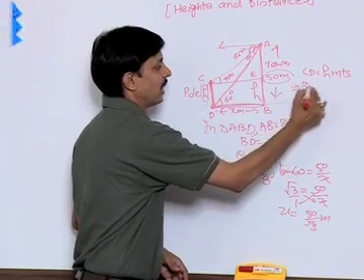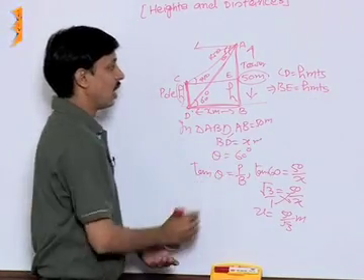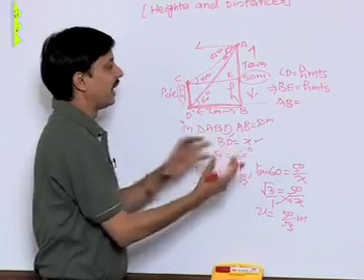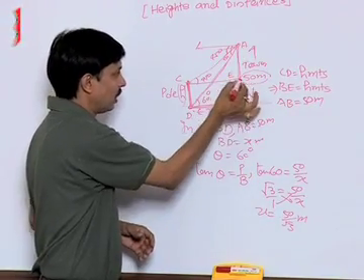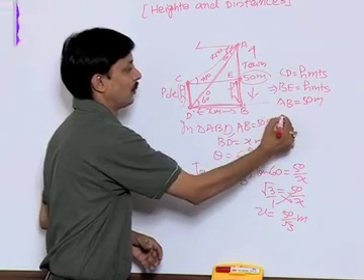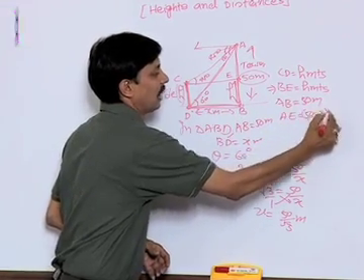So this implies BE is also equal to h meters. Total height AB is 50 meters, and out of this AB, the BE portion is h meters. So we can say the portion AE is equal to 50 minus h meters.